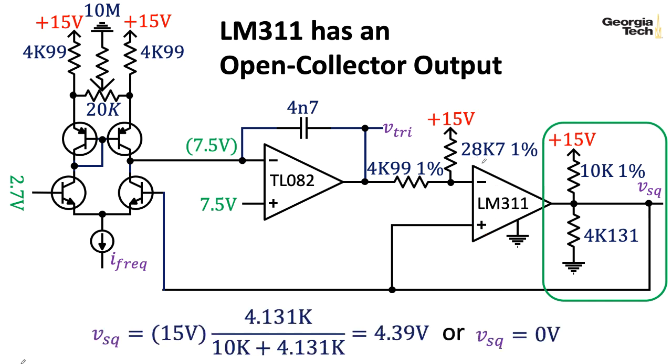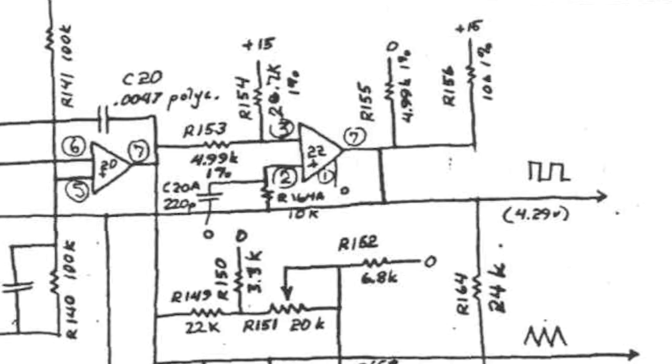And that would be what we would get from a basic voltage divider, which here is 4.39 volts. So if the voltage at the positive terminal is bigger than the voltage at the negative terminal, we get 4.39 volts in our square wave. Otherwise, we get 0 volts because the output here is shorted to ground by the 311. Now, if you look on the actual schematic for the Buchla 259, Buchla wrote 4.29, so close enough for rock and roll.